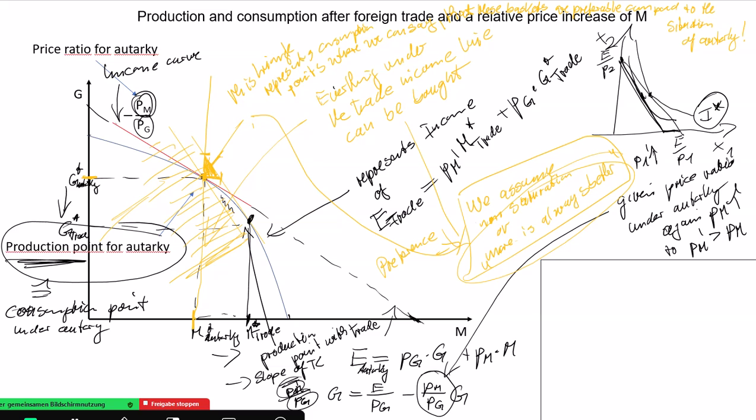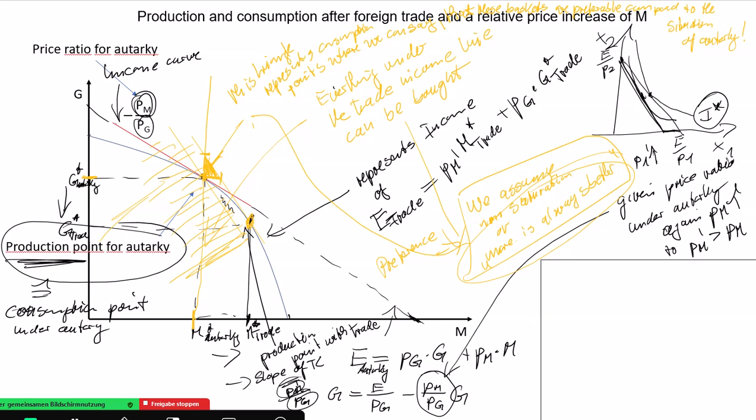We do not have to consume the same we have produced. And since we have now more possibilities to consume, in the end we can choose an overall consumption point of the whole society where we can say the country is better off.